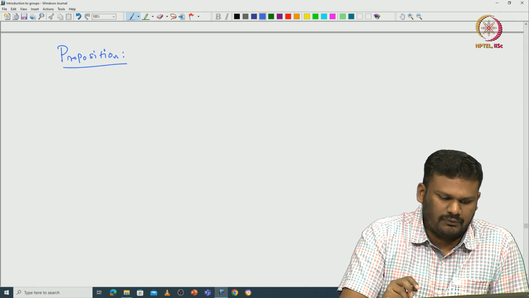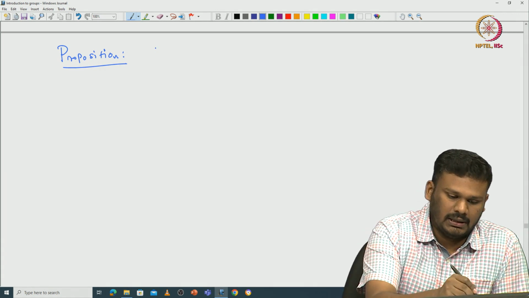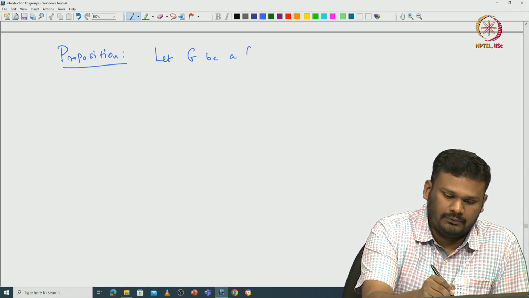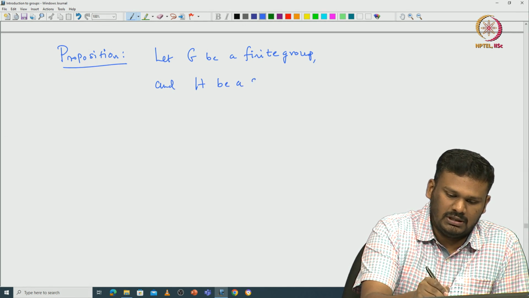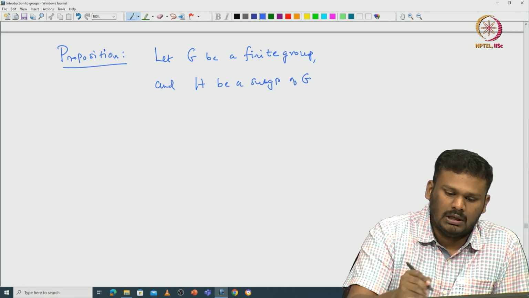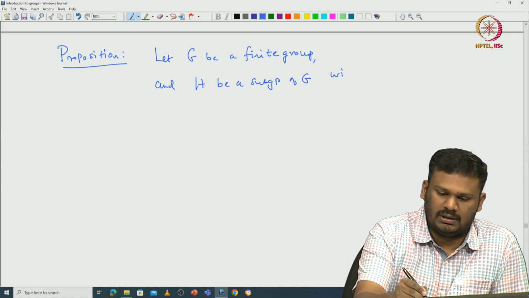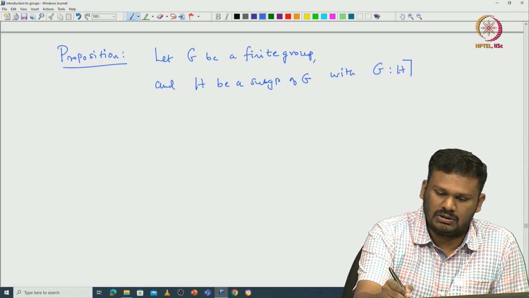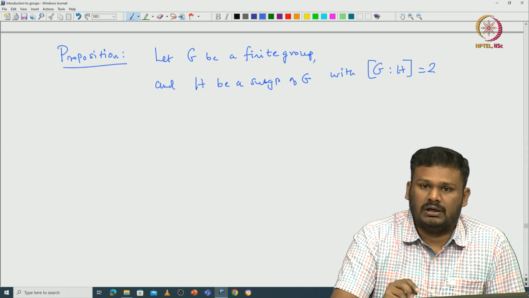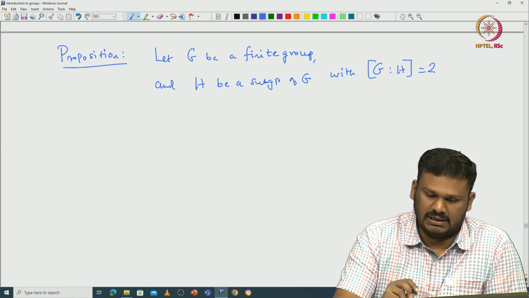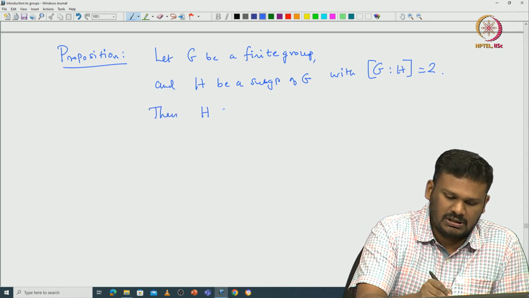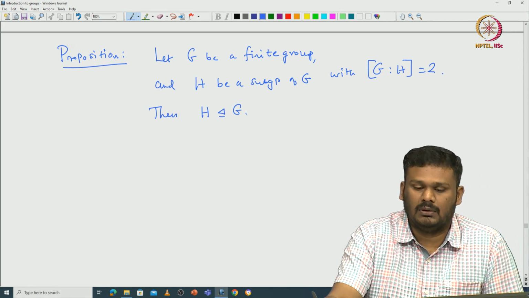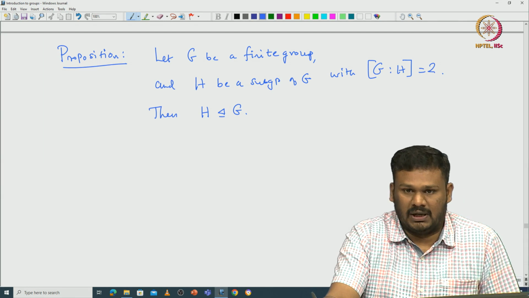If you assume G to be a finite group, and let H be a subgroup of G which has index 2, so [G : H] is 2, that means there are only 2 left cosets of H inside G. With this condition, one can prove that H must be normal inside G. Note that 2 is the smallest prime number.